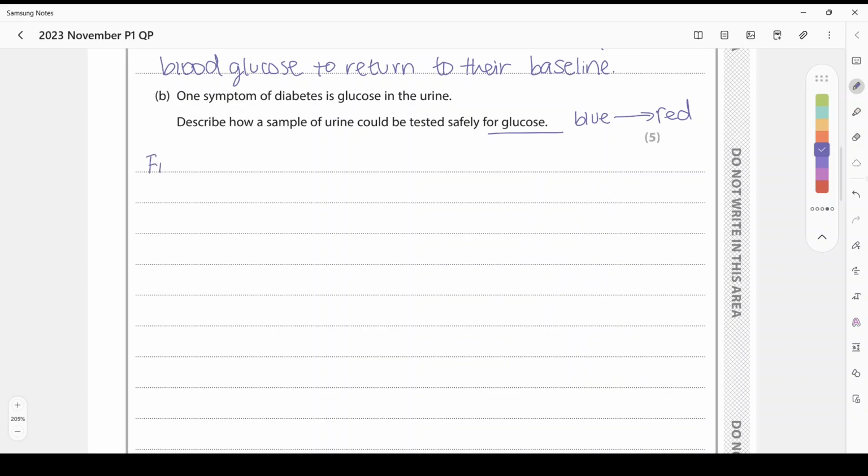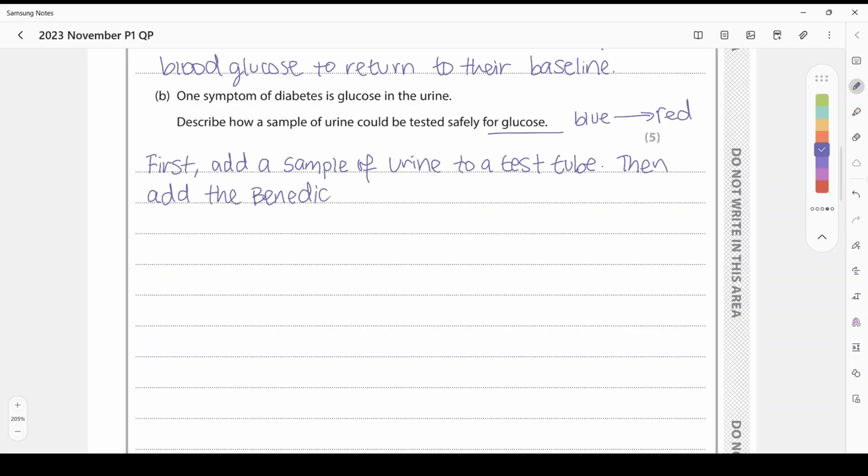So first, add a sample of urine to a test tube, then add the Benedict's solution.